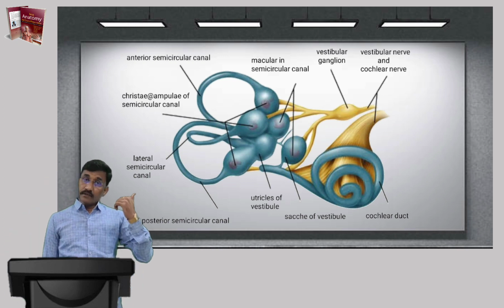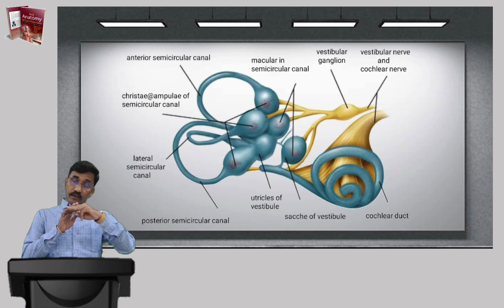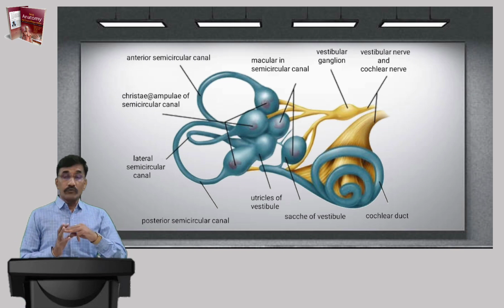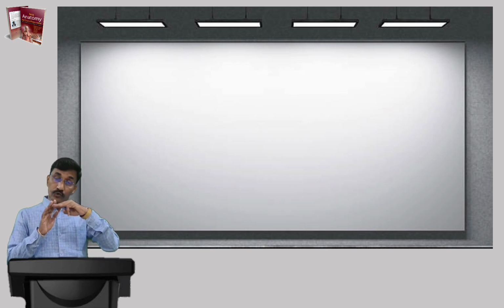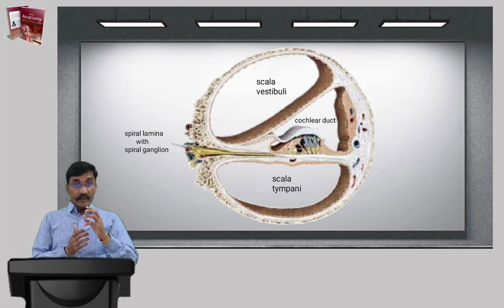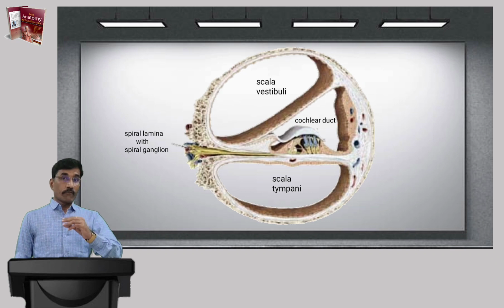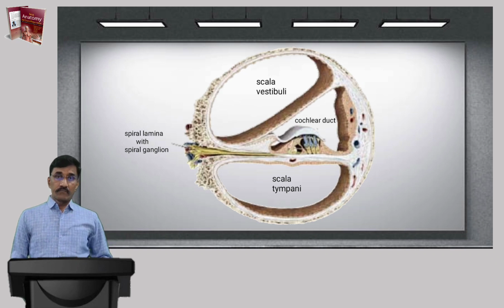Now again with the modiolus, we know the cochlea, the bony cochlea, and the central portion. This modiolus extends and forms the spiral lamina. The spiral lamina is actually the structure for hearing, and it works as a support for the cochlear duct.